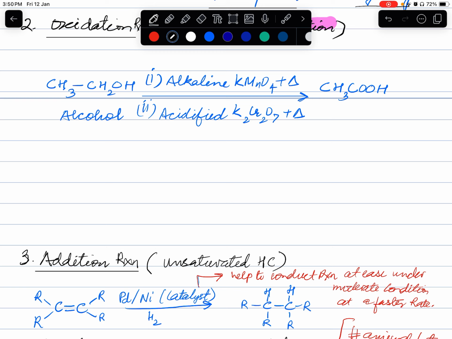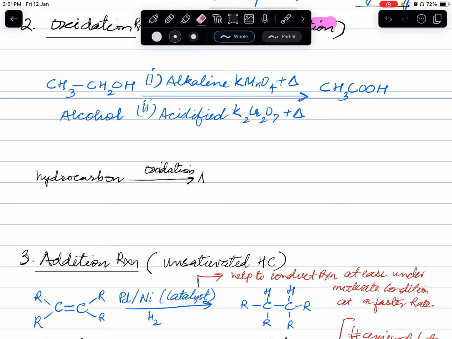Like, for example, when we have any hydrocarbon and the hydrocarbon undergoes oxidation, under controlled conditions we will first get alcohol.